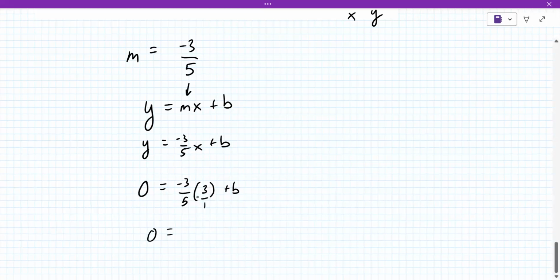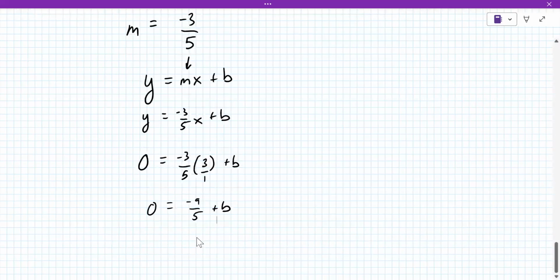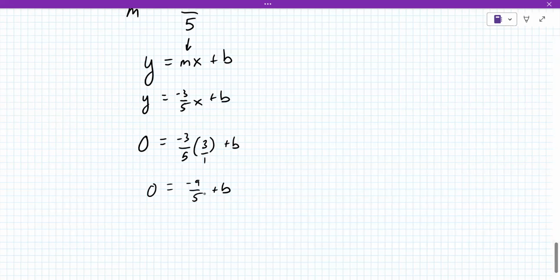So it's 0 equals minus 9 over 5 plus b. How do you solve for b? I gotta subtract -9 over 5 from 0. Instead of subtracting a negative, you'll add 9 fifths. So b is equal to 9/5.